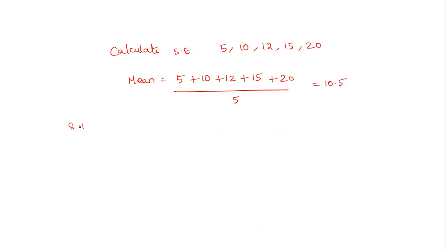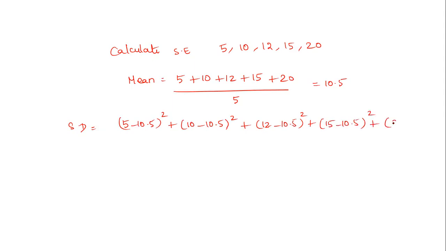The standard deviation is calculated from 5 minus 10.5 the whole square plus 10 minus 10.5 the whole square plus 12 minus 10.5 the whole square plus 15 minus 10.5 the whole square plus 20 minus 10.5 the whole square, everything divided by 5.